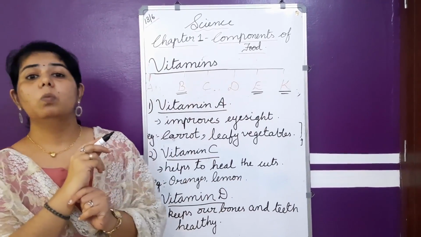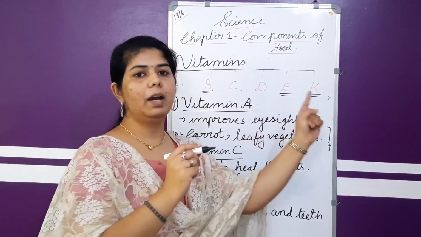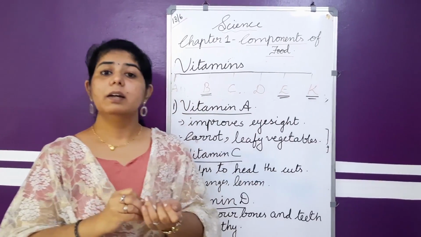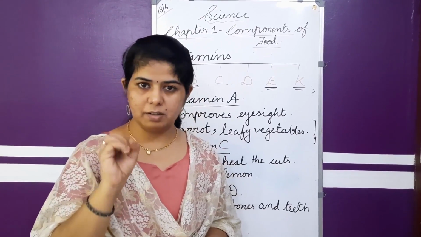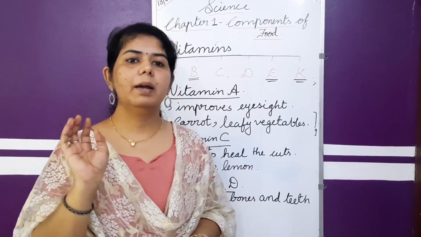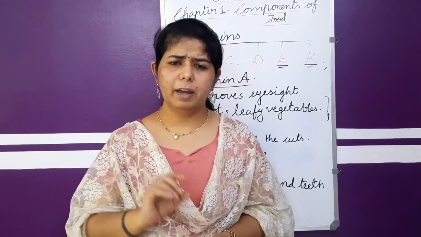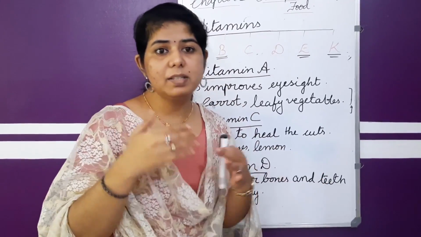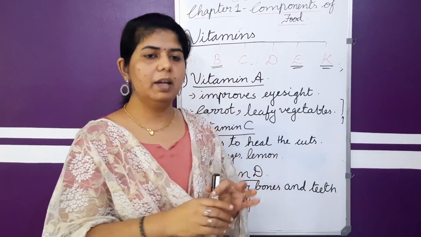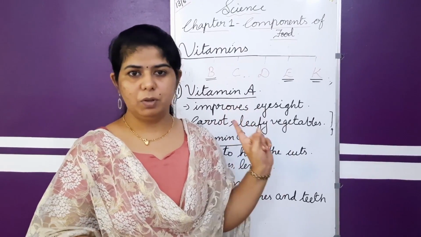Find out what is the function of vitamin B, vitamin E and vitamin K, write it in the rough notebook and please submit it to me by today 8 o'clock. Everybody should do it, but I don't want you to skip the videos and just watch. Understand the chapter nicely, then only do this work.